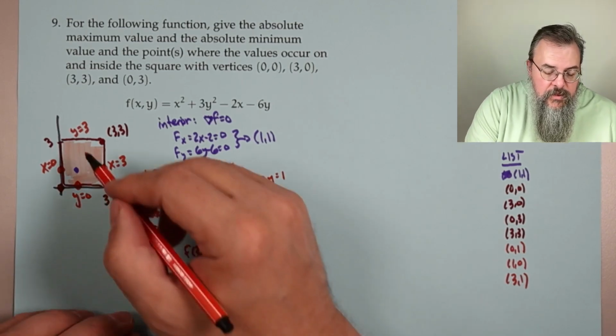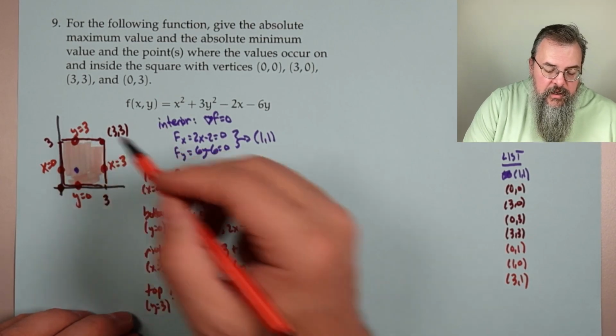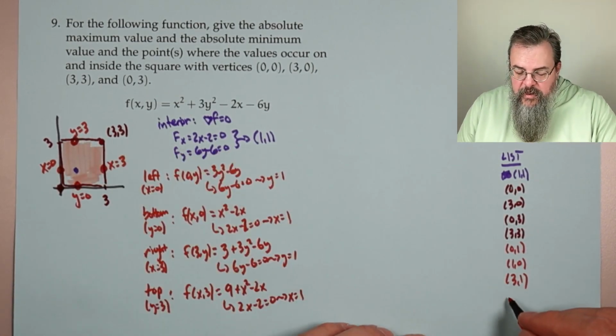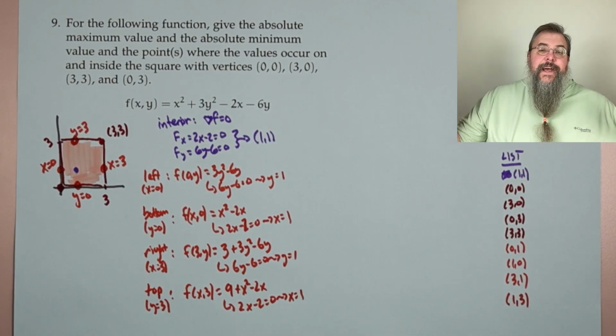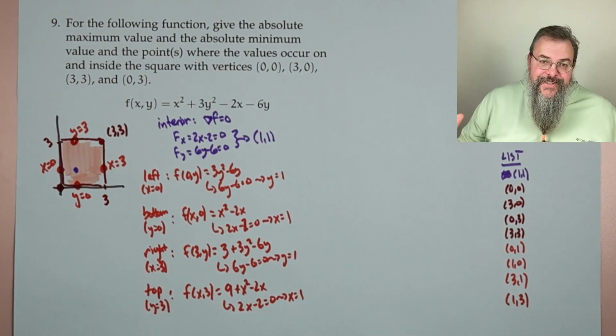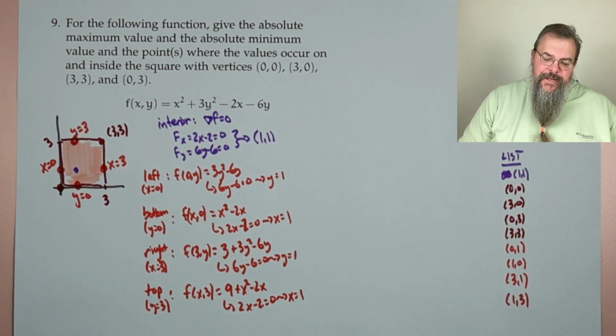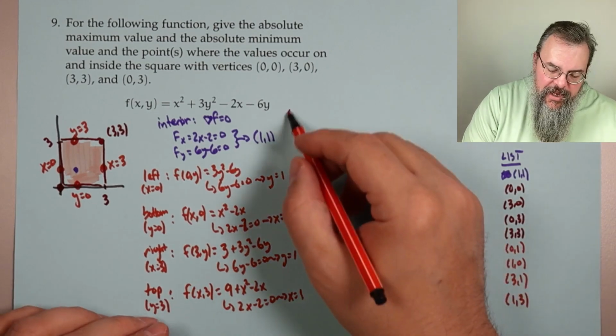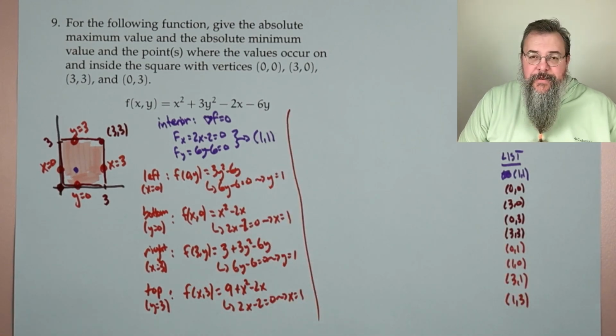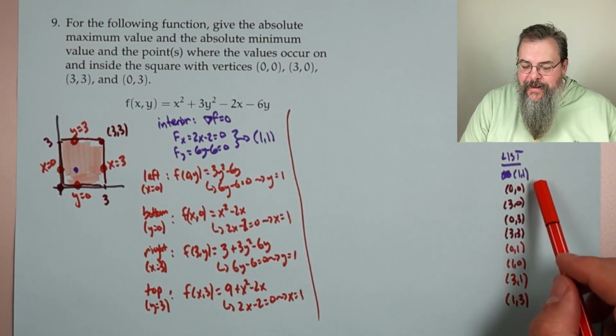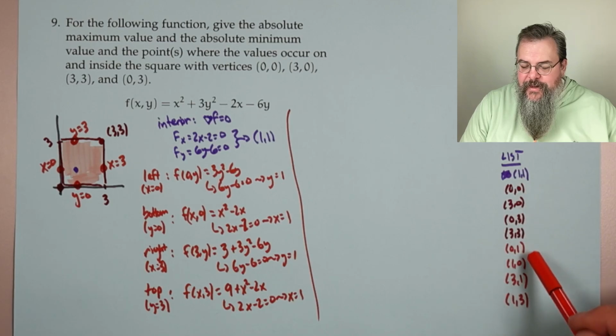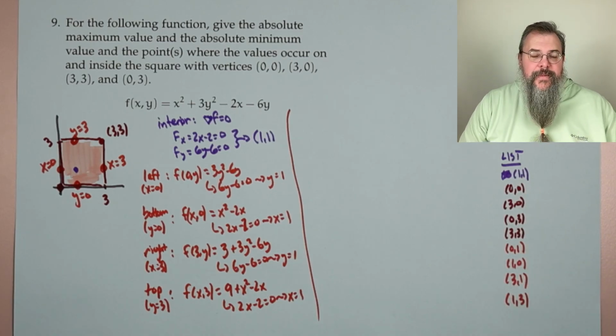So that gives you this point here, at x equals 1, y equals 3. And that's our list. Okay, well, not too bad, other than the fact that we now have to test every single point on this list.